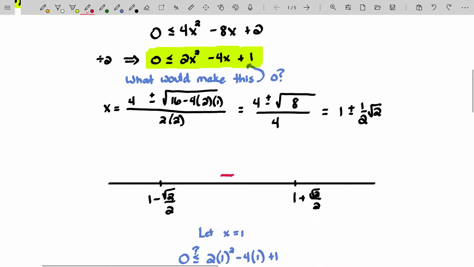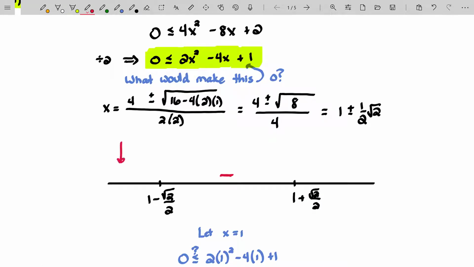And then you test the values in other regions. So think about a value that's in this leftmost region. Now you could grab a calculator and test it, but I'm going to tell you right now that 0 is actually in that leftmost region. So I'm going to go ahead and test x equals 0.